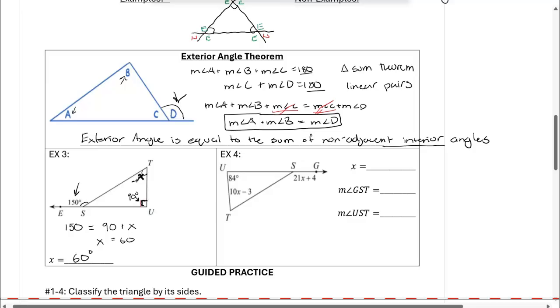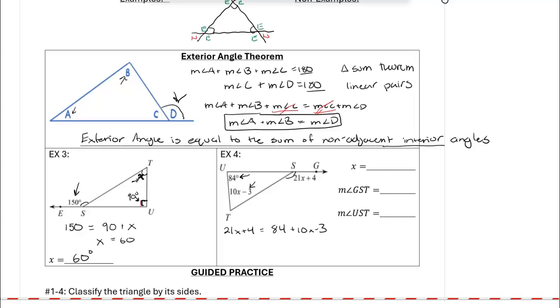We have this exterior angle here, which is 21x plus 4. We know that's going to be equal to the two non-adjacent angles, which are here. So we have 21x plus 4. Our exterior angle is equal to 84 plus 10x minus 3, which are our two non-adjacent interior angles.